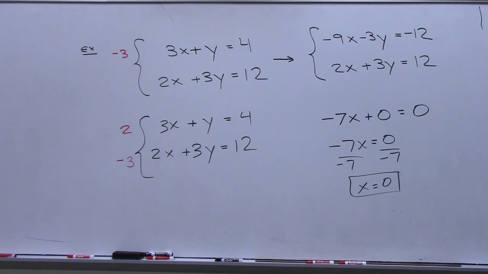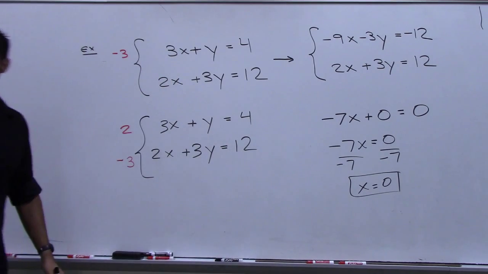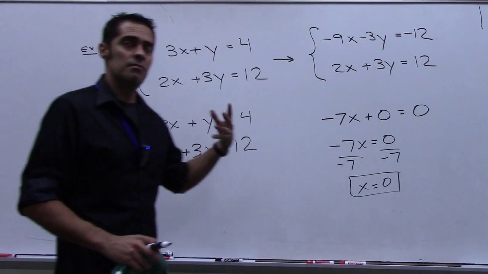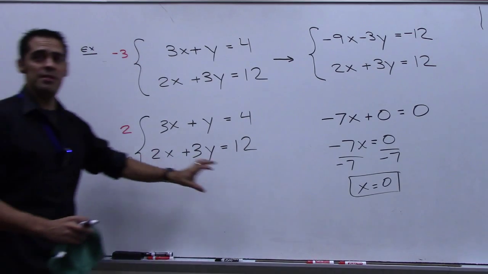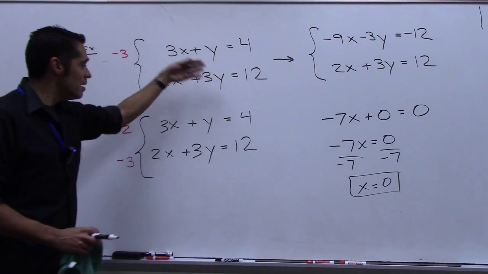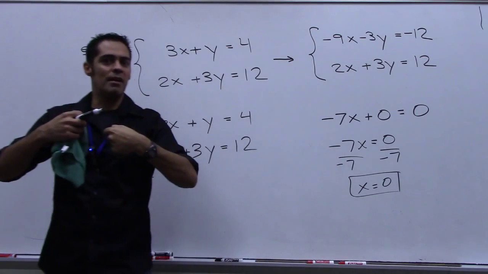Yes? And then you plug it into one of the two equations. Which one? From the first set. Okay, so now what we do is we do what is referred to as the back substitution step. We know what x is, right? All we need to figure out now is y. But every single one of these equations sitting in front of us has a relationship between x and y, right?